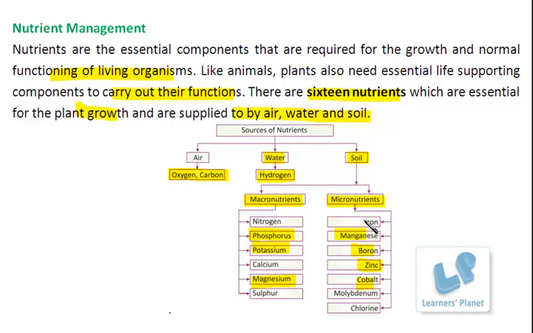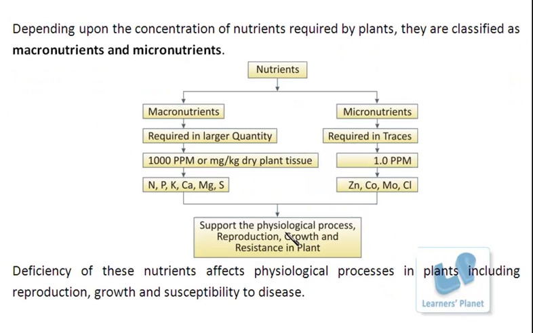Let me tell you that. Macronutrients, which are required in larger quantity, means something like 1000 parts per million, or 1000 mg per kg of dry plant tissue. This is how it is related.